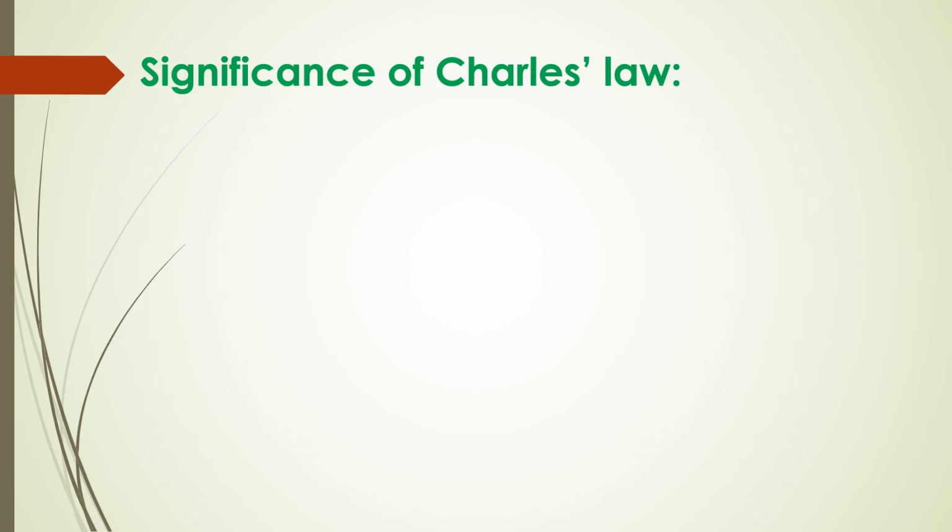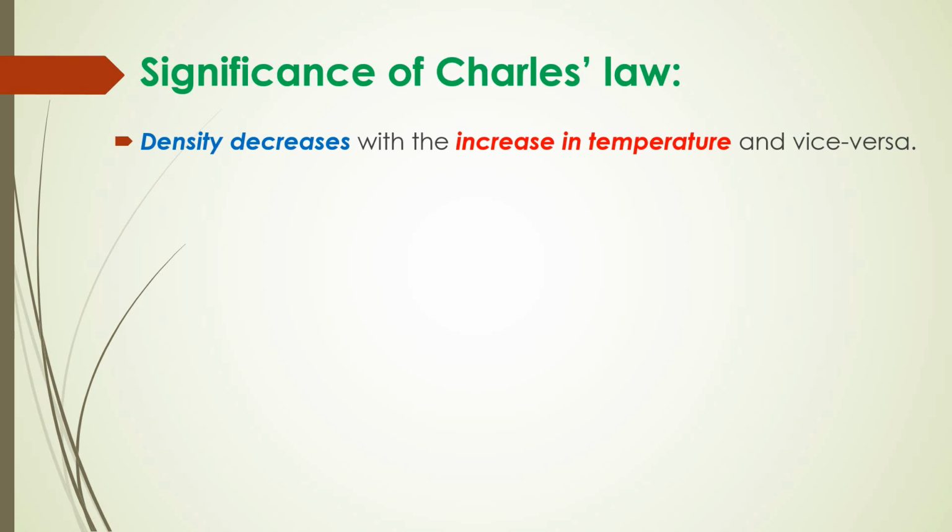Now let us see the significance of Charles' law. What information does it give us? Charles' law tells us that the density of a given mass of gas decreases with the increase in temperature, and vice versa. Vice versa means the density increases with the decrease in temperature.